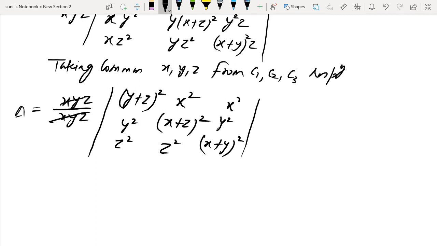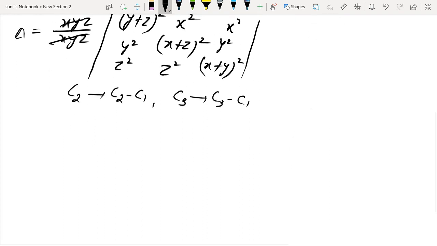Now see the next step. Now we have to create a common factor here. Now see how we are going to create. Now I am applying the operation on C2 as C2 minus C1, and on C3 as C3 minus C1. Now see what is going to happen.